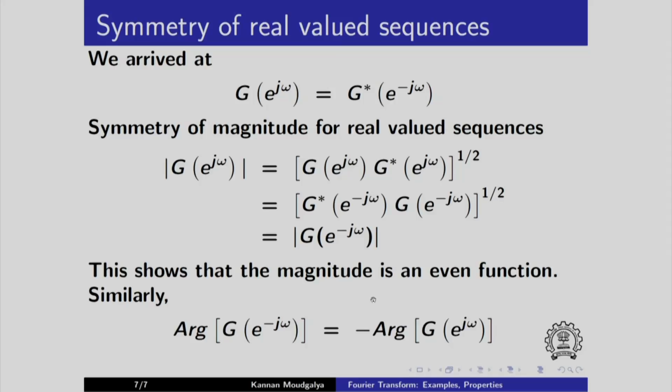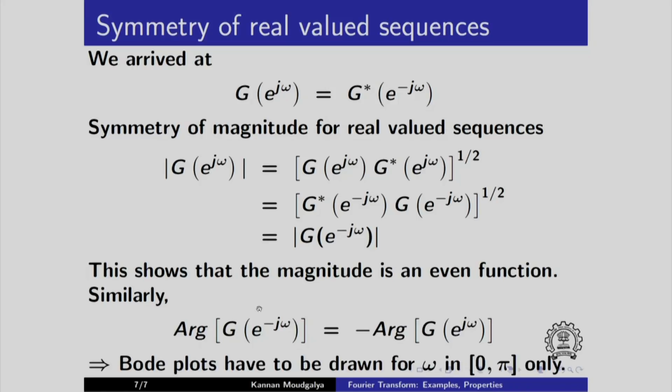This has an important implication for calculations. We need to draw Bode plots only for omega in the range 0 to pi, because magnitude is the same and phase is just the negative, so we do not need that. Both magnitude and phase for the range minus pi to 0 can easily be concluded from the Bode plot drawn in the range 0 to pi.